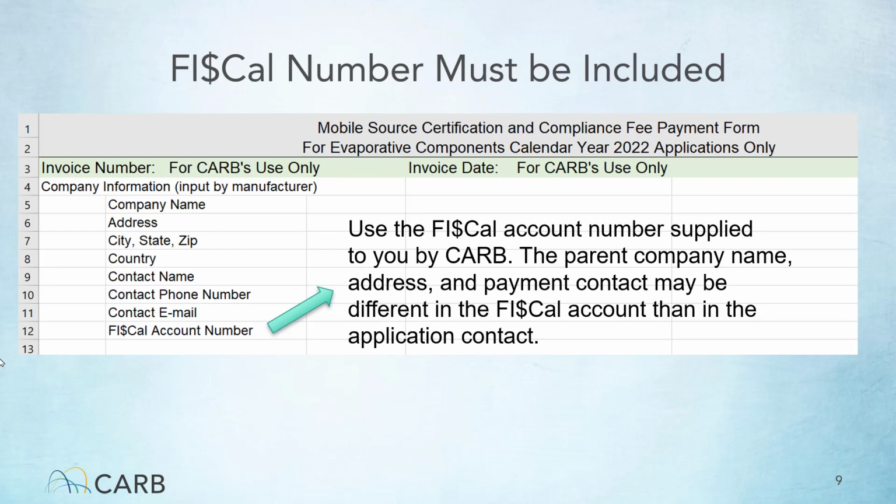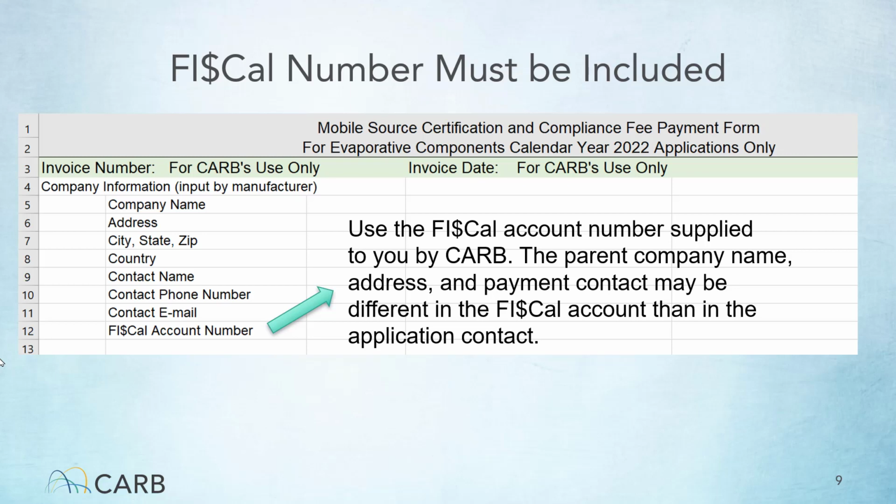In the final field, make sure to enter the FISCAL account number provided to you by CARB. The FISCAL account number is assigned to the parent company paying the fee. This may be different than the company name associated with the application.